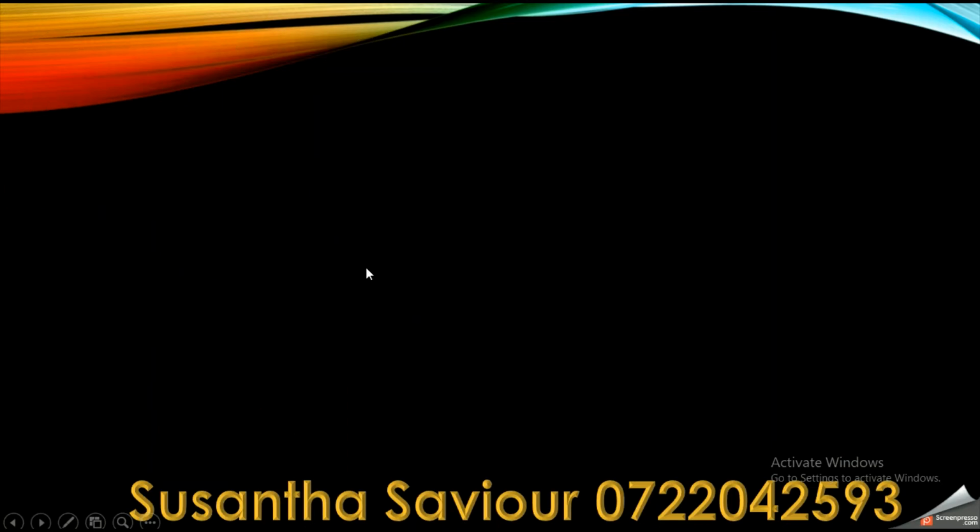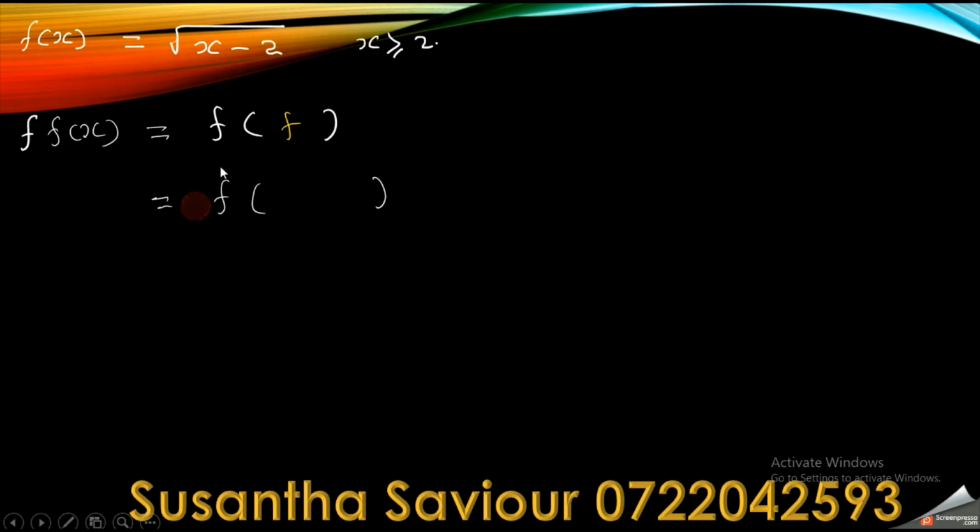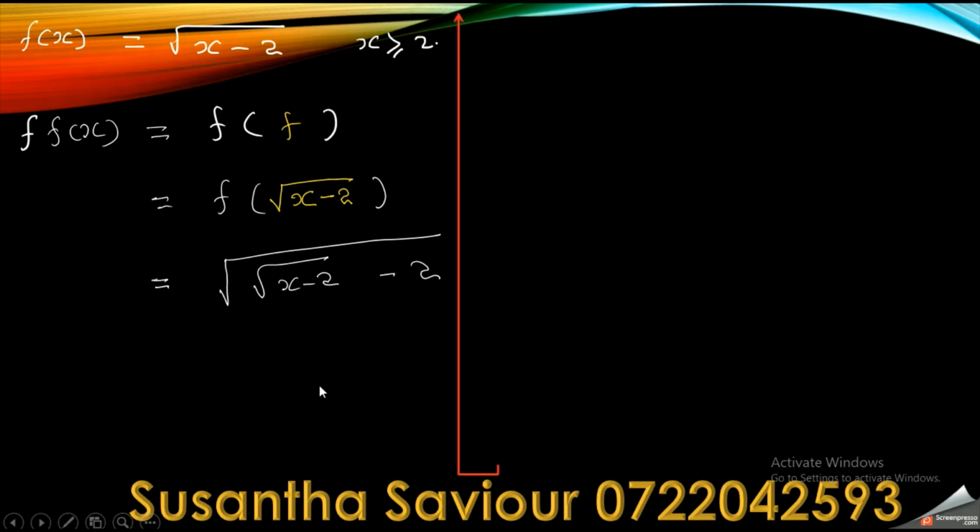And then again we have another, f(f(x)), in the function f you apply f, right. So f is root of x minus 2, and then in this, root of x minus 2 minus 2, right. This is f(f(x)).